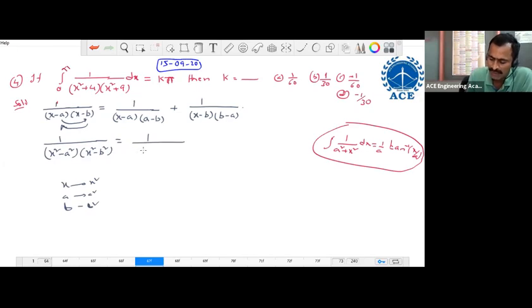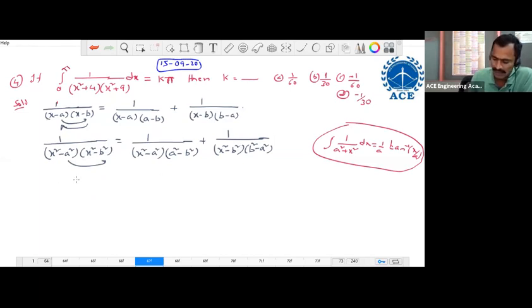1 by x square minus a square into the difference of these two constants, that is a square minus b square, plus 1 by x square minus b square into the difference of constants b square minus a square. That's all. Right? In the first one, if you replace x with x square, a with a square, b with b square, we get the partial fractions of this one.